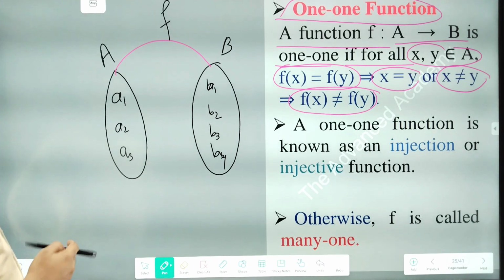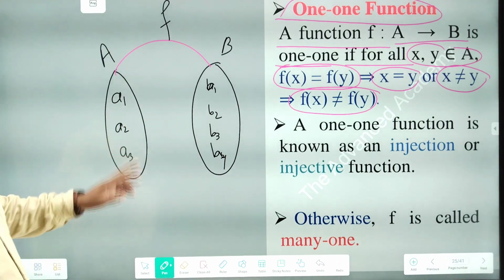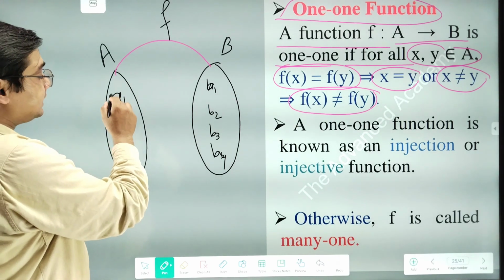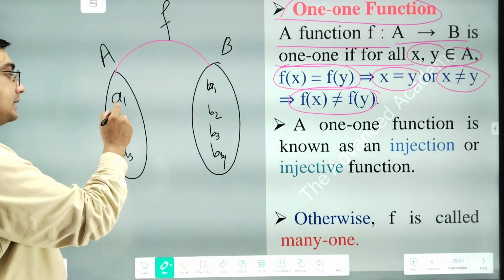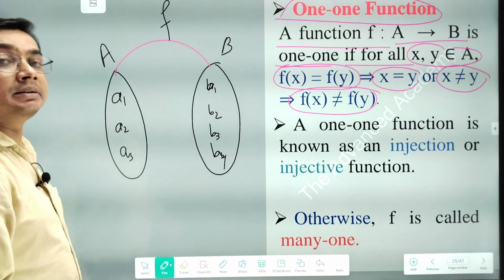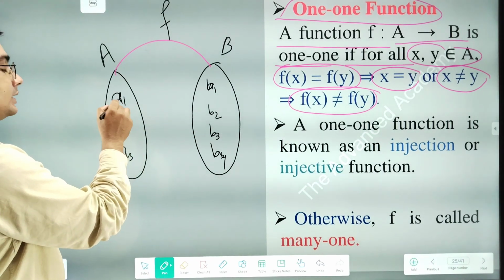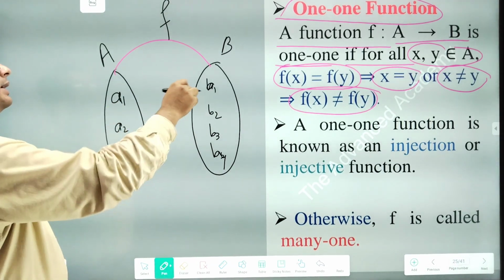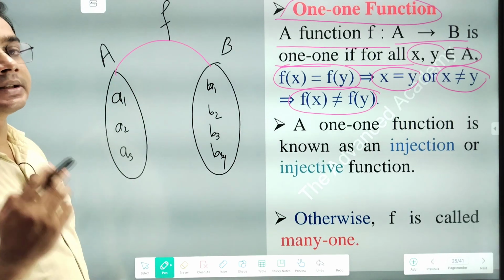This function is said to be one-one if any two distinct elements of this set must have distinct images in this set. कोई भी टू एलिमेंट्स यहाँ से ले लो, डिस्टिंक्ट एलिमेंट्स, तो उसका इमेज भी क्या होगा, डिस्टिंक्ट होगा. Then only we call this function one-one.